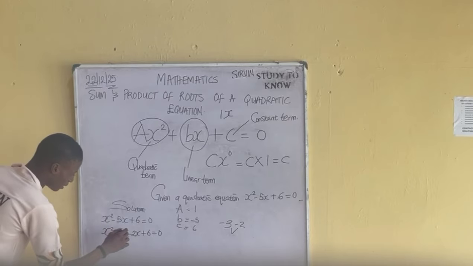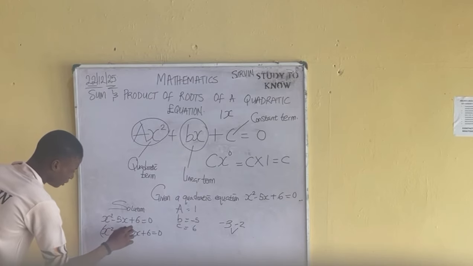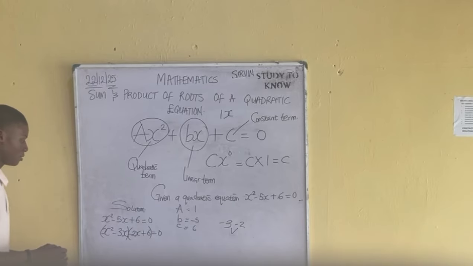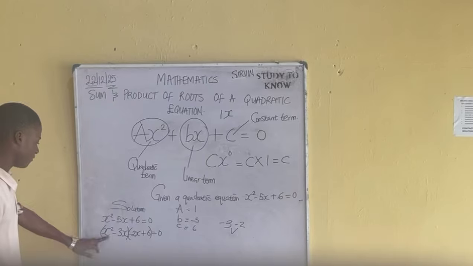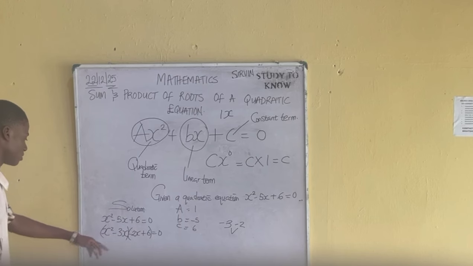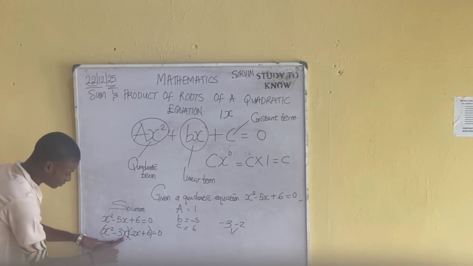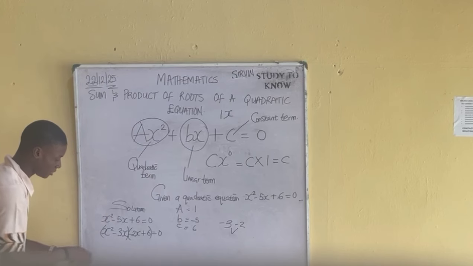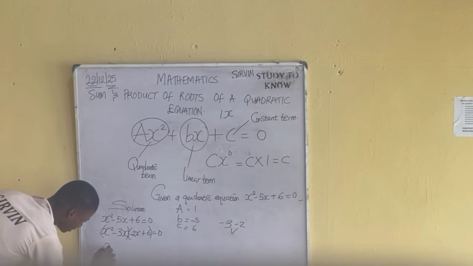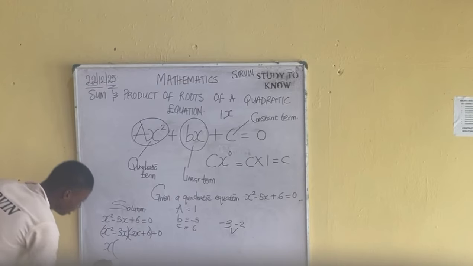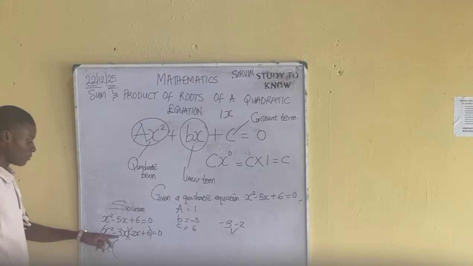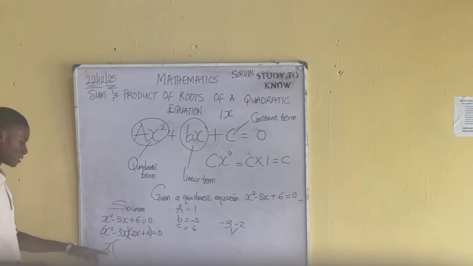So after getting this, what else are we going to do? We now factorize. What do I have here? I also have x here. x is here and x is here, right? But 3 is here and 3 is not here. So I'll bring out the one that is in both of them, that is common. Then divide the inner ones by the one that is outside.